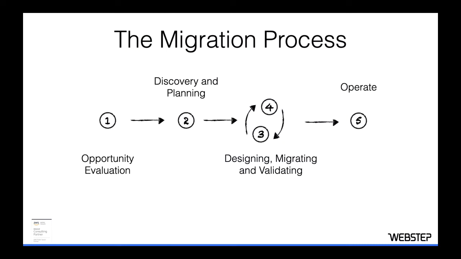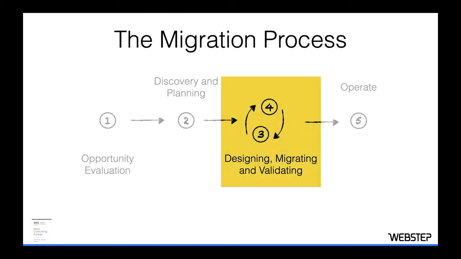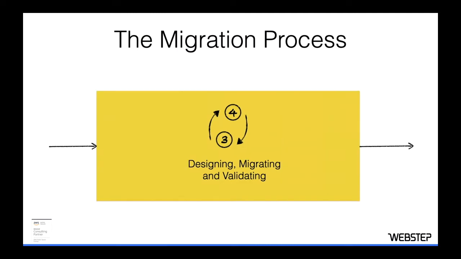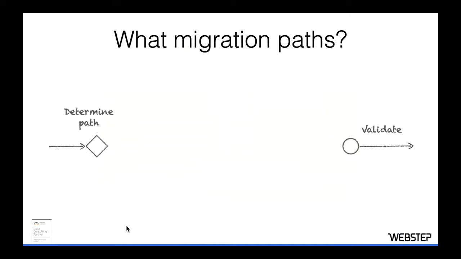We're not going to go through the whole process here because that's a lot of things to look at, but I will focus now on the different migration steps you can take when you're doing the actual migration. Looking at designing, migrating, and validating, what kind of ways do we have to migrate our application or portfolio from on-prem into the cloud?